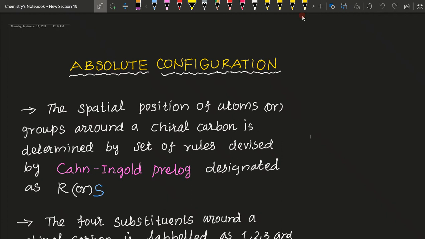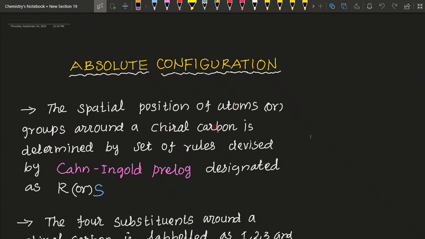Today we will see absolute configuration. What is the absolute configuration? The spatial position of atoms or groups around a chiral carbon. Chiral carbon, as we have already seen, means it does not overlap with the other carbon.